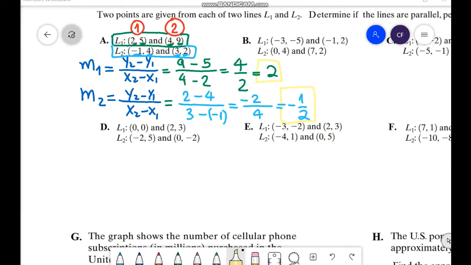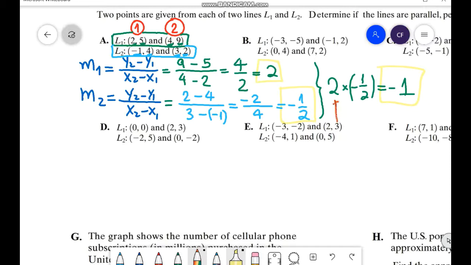And Jacob got it right, yes. If you multiply 2 by negative 1/2, you find negative 1. That means the lines are perpendicular.